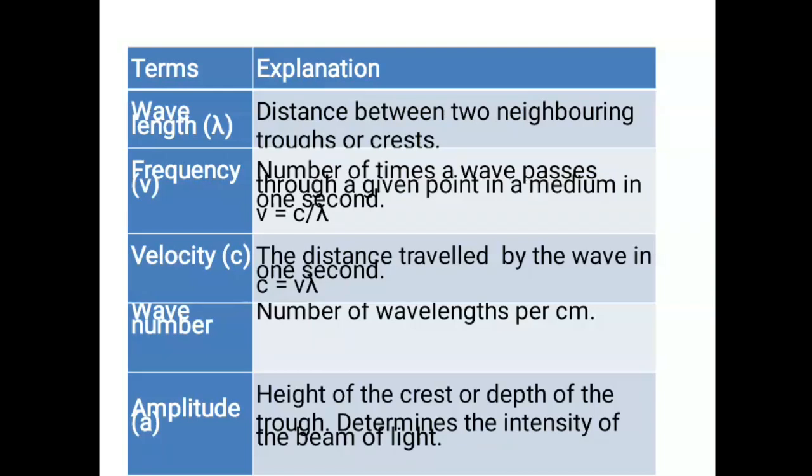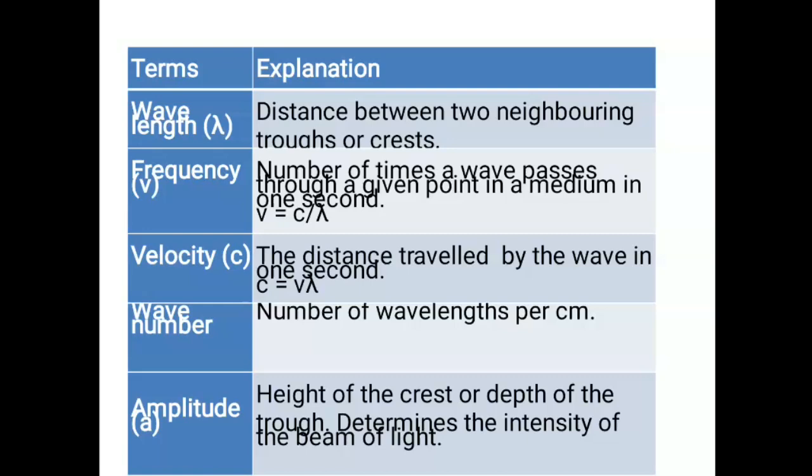Next is velocity. So what is velocity? Velocity c of the wave is the linear distance traveled by the wave in 1 second. So c is always equal to nu lambda, means frequency multiplied by wavelength. Next is wave number, nu bar.